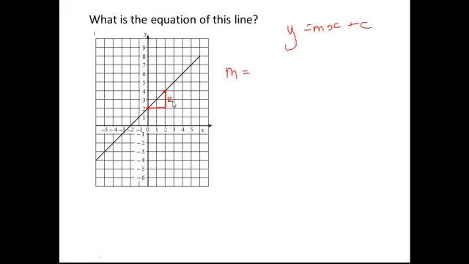The rise is 2 and the run is 2, so the gradient is 2 over 2, which is just 1. Now c is the y-intercept. So the y-intercept is right here. This line crosses the y-axis at 2. Now I can substitute m and c into my equation to get y is equal to 1x plus 2, or just y is equal to x plus 2. And that's the equation of my line.